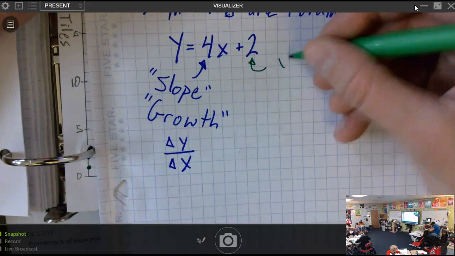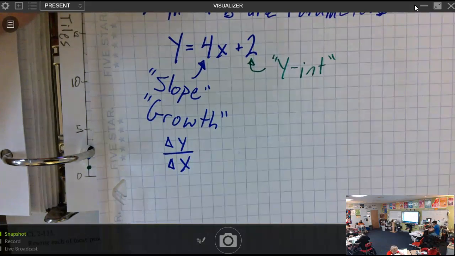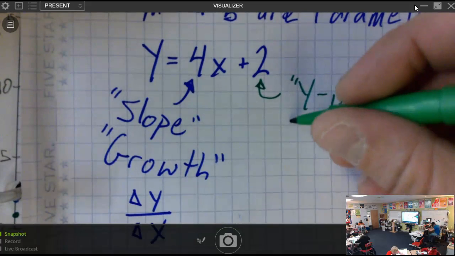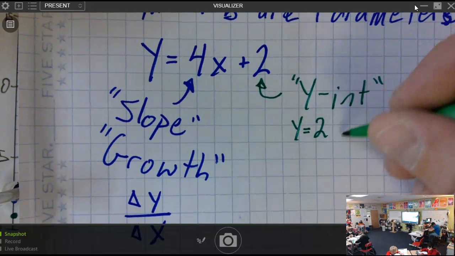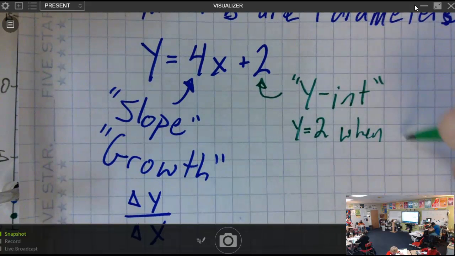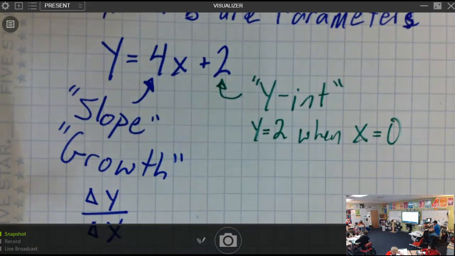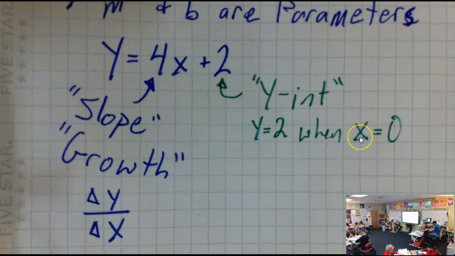And the 2 is what we call the y-intercept. That's the formal name. But it is also what y equals when x equals 0. If you want more clarification on what the y-intercept means, on the y-axis we're going to be at 2 when x equals 0.